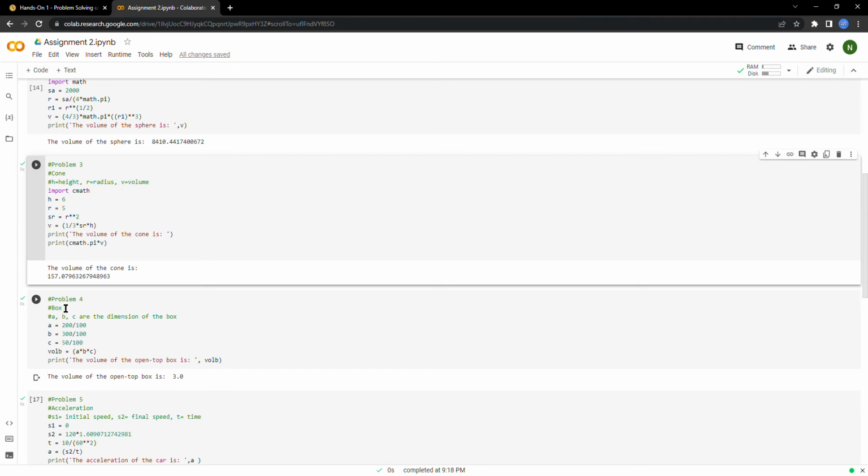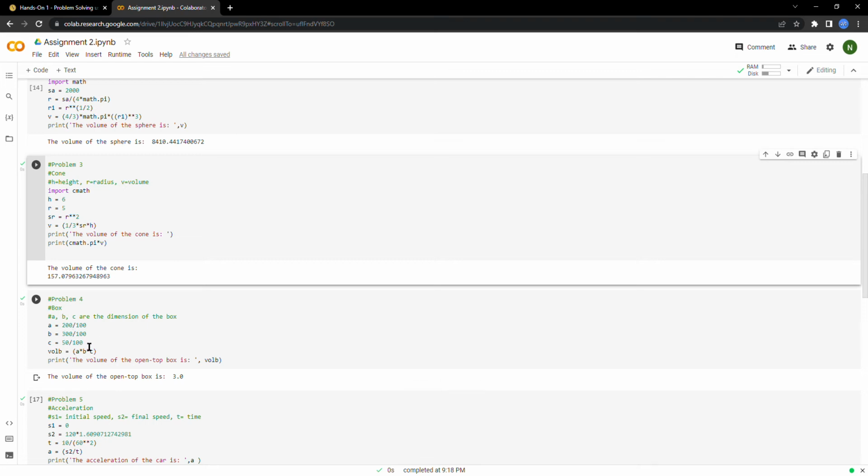Problem 4, we're solving for an open top box. A, B, C are the dimensions of the box, all in centimeters. We're finding the volume in cubic meters, so we're converting these three into meters by dividing all three of them by 100.